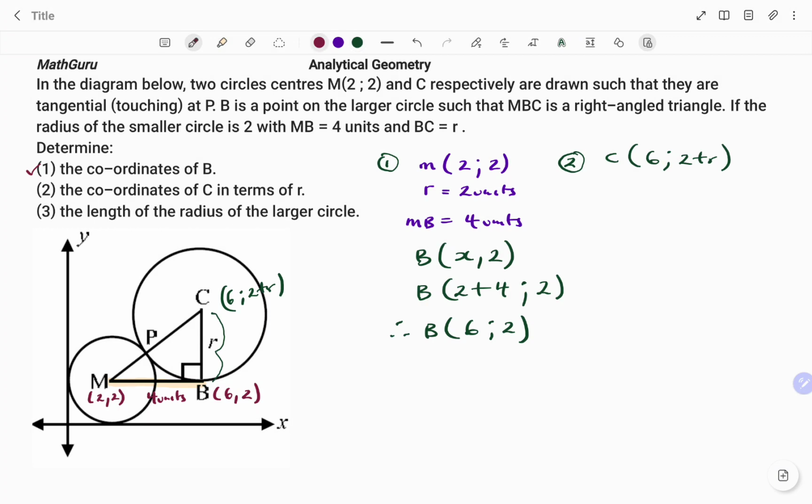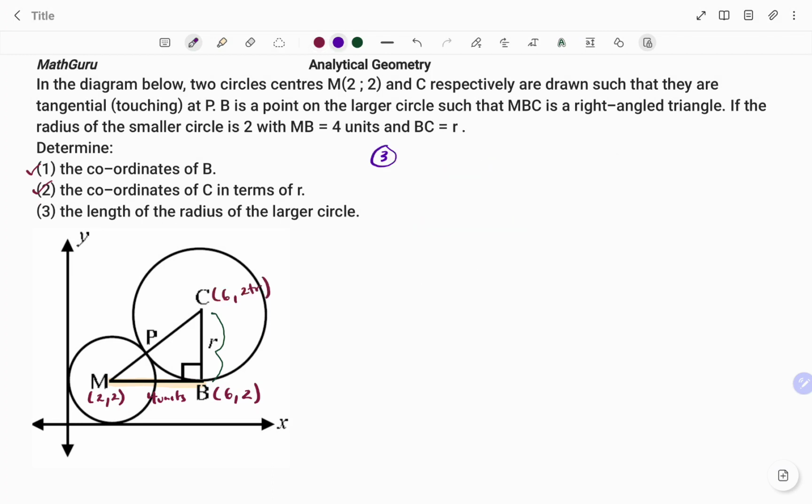The next part of the question says, find the length of the radius of the larger circle. I'm going to use the triangle CMB. If I draw that out, I have C, B, and M. The distance CB has been given as R, and MB is 4 units. I have the point P here.